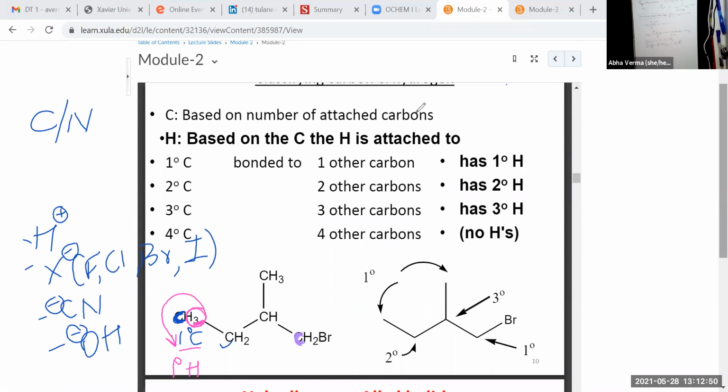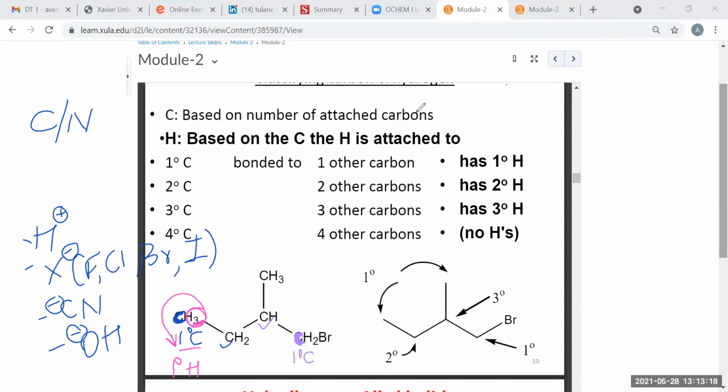Can anyone tell me what is the classification, primary, secondary, or tertiary, for this purple carbon? Anyone? How many carbons are attached to this purple carbon? Is it 1? Only 1, yes, very good. What will be the classification hence? This will become a primary carbon. So if you look, there's a functional group on it. The hydrogens are there and the halide is there.